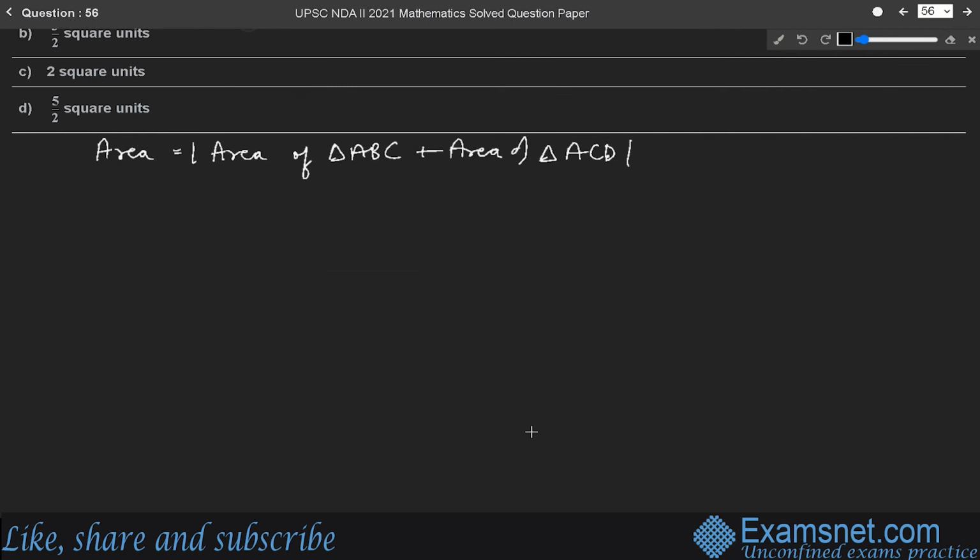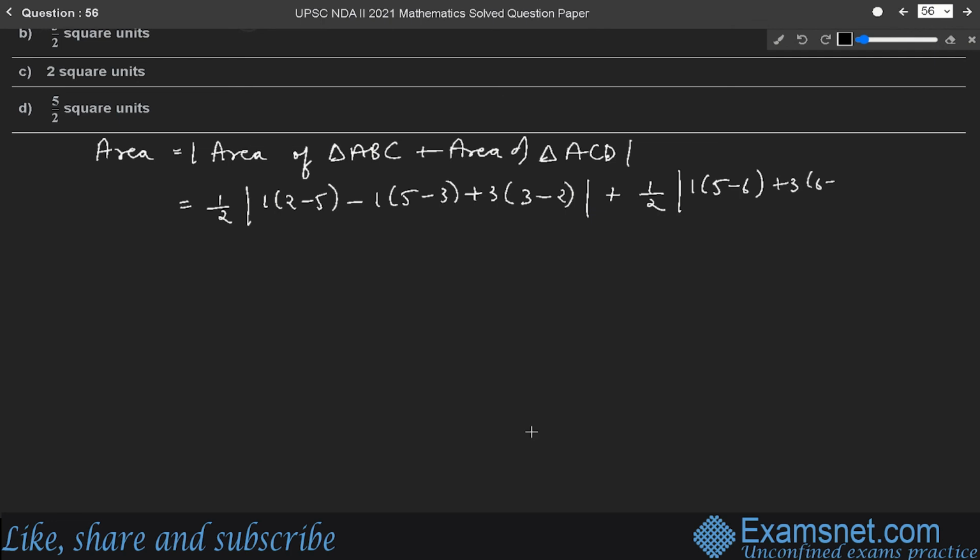So it will be equal to 1/2 × [1 × (2 − 5) − 1 × (5 − 3) + 3 × (3 − 2)] according to the points A, B, C, D, plus 1/2 × [1 × (5 − 6) + 3 × (6 − 3) + 5 × (3 − 5)].